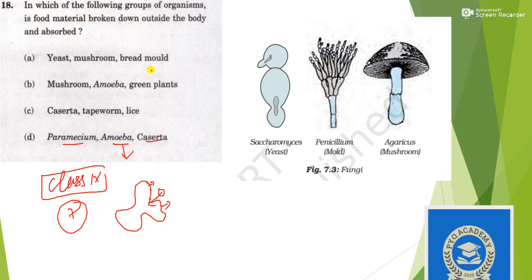So this will not be the option, because the question asks for food material broken down outside the body. Let's come to this option. We don't know Leishmania and Cassata, but we know tapeworm is a worm-like structure, so it will also take the food inside its body. So it is also not the correct option. This is the wrong option. Let's come to this option.